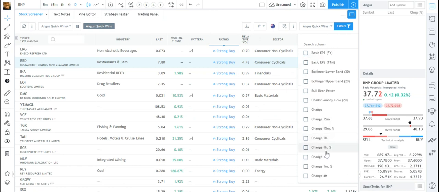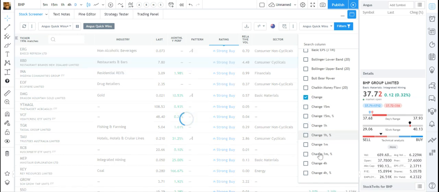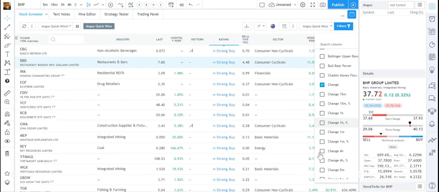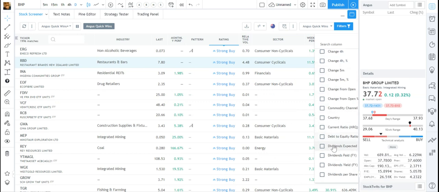What else have I got? Change. I might have change. But you can see, you can just scroll through this list and there's bucket loads of things that you can add. I don't know why he's gone over there. It's made my life a bit harder.